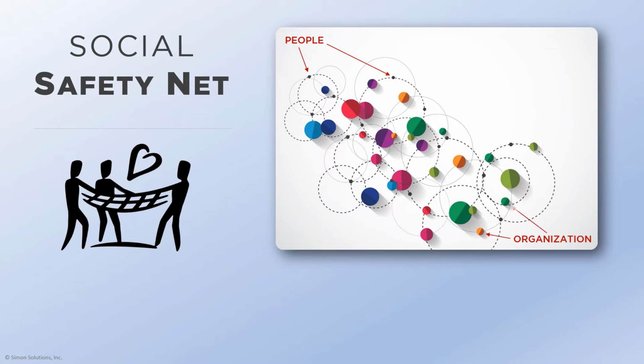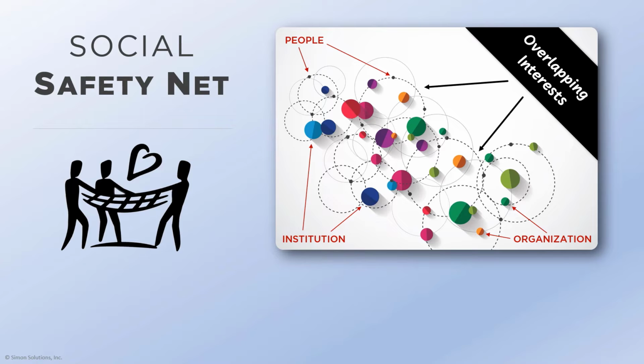We have also discovered that the people, organizations, and institutions that make up a social safety net have overlapping interests and practices. And even though they share common goals, each helping agency has its own unique mission and methods of helping others.